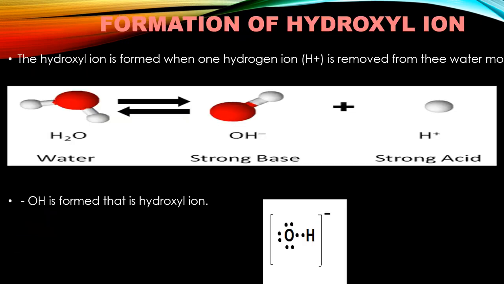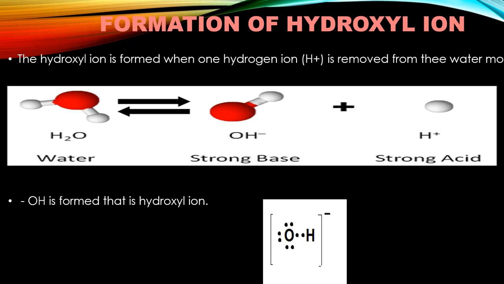Formation of hydroxyl ion. Hydroxyl ion formula is OH minus. It is formed from the water molecule. The hydroxyl ion is formed when one hydrogen ion is removed from the water molecule. When H2O loses one hydrogen atom, it becomes OH minus.